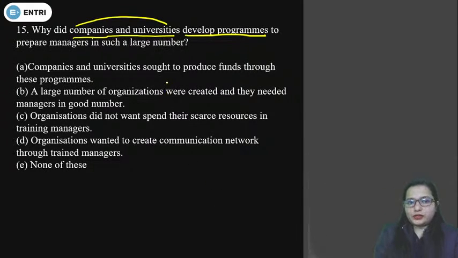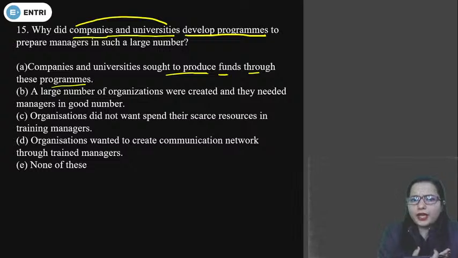Companies and universities sought to produce funds through these programs. It is not mentioned anywhere in the passage. A large number of organizations were created and they needed managers in good number.